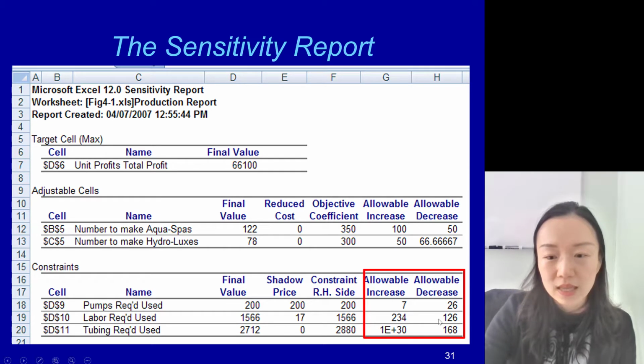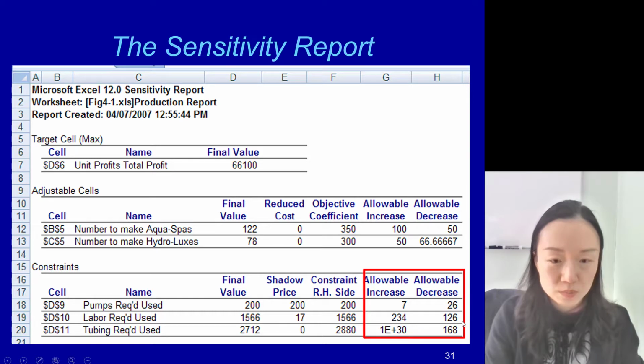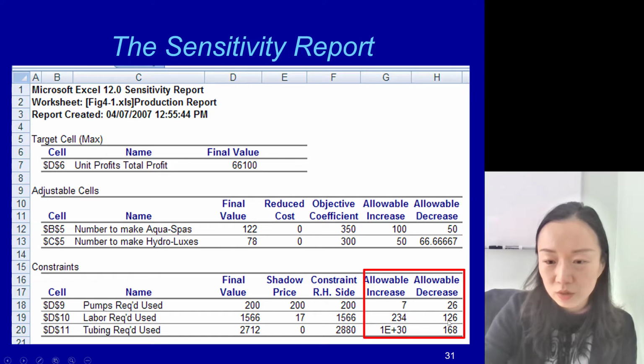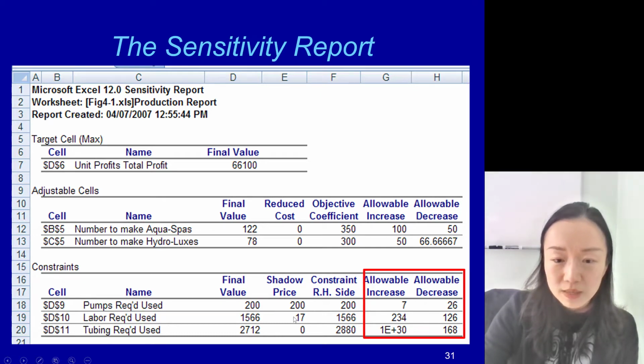Same goes for the labor. If you give me more labor, up to 234 units of labor, or if you take away 126 units of labor from my resource pool here, I can tell you what my total profit will be. So the total profit will be this current value subtracting 126 multiplied by 16, to this current value adding 234 multiplied by this shadow price.